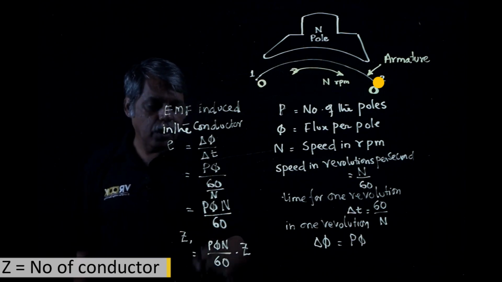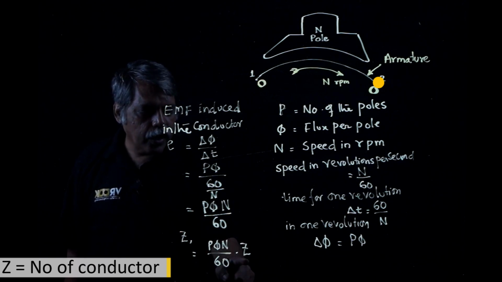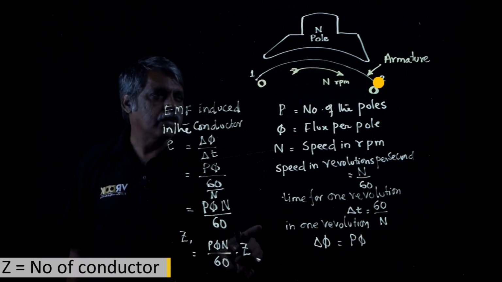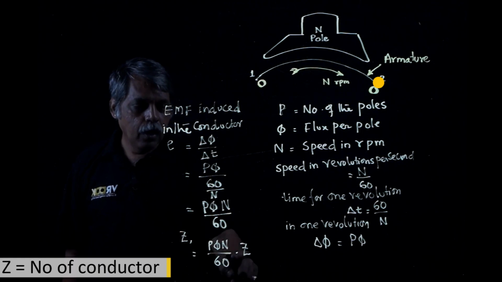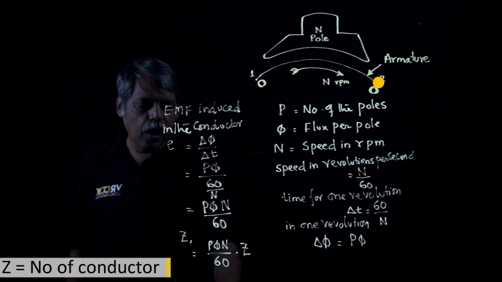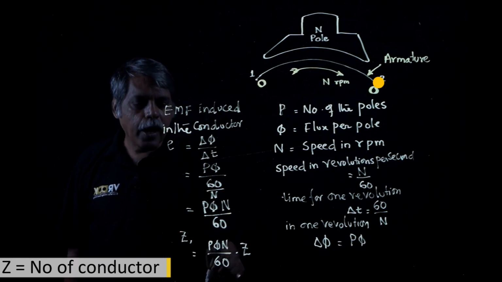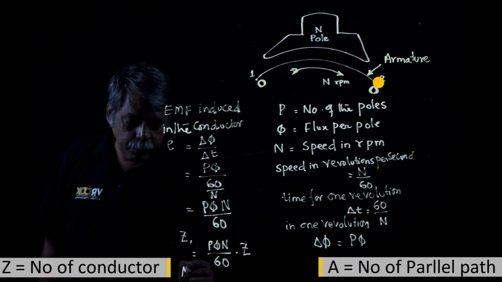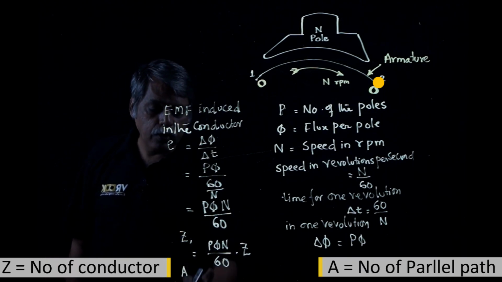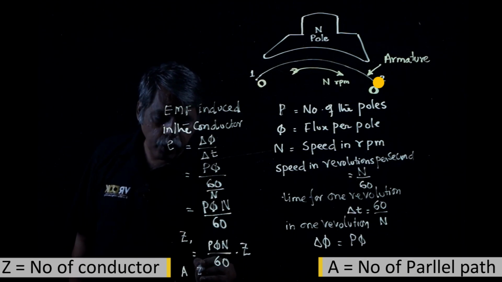But what happens in the generator is, all the Z conductors are not connected in series. These Z conductors are connected in a number of parallel paths, A, each path having Z upon A conductors in series.